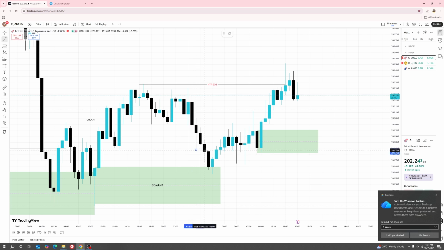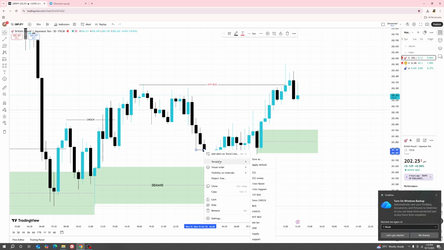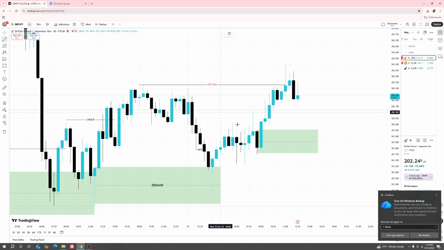So this was the last break of structure price did before tapping into it. Then we had a change of character happening right here.